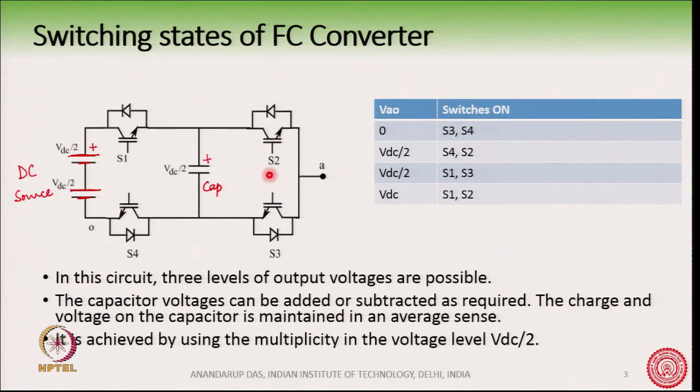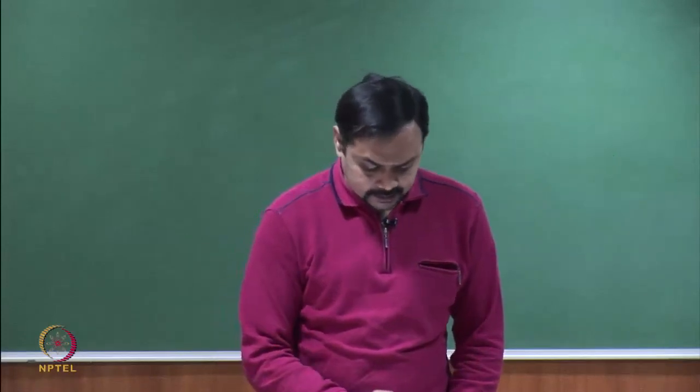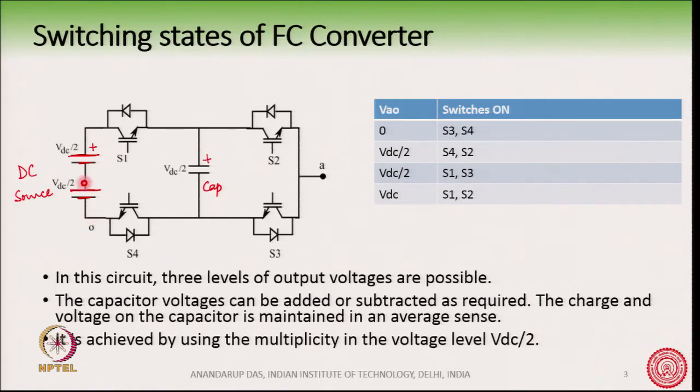There is also one other path by which we can realize VDC by 2, and that is going from here through S1 through S3 and getting like here. This is also possible, you can see here. So, by turning on S1 and S3 or turning on S2 and S4, we can get VDC by 2 voltage available between A and O point.